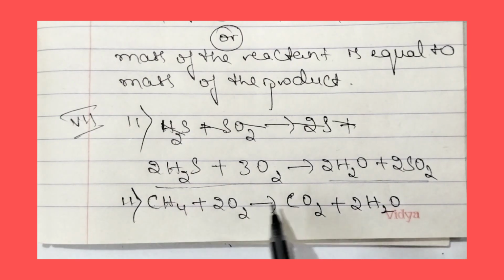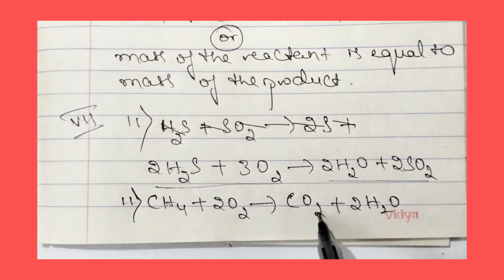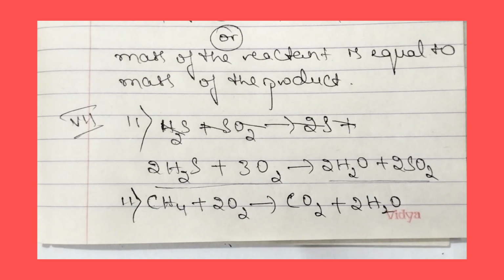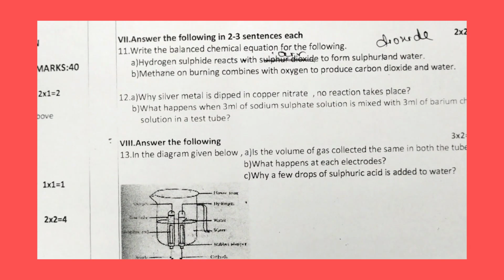So carbon 1; 4 hydrogen, 2 2s are 4 hydrogen; oxygen, here 2 oxygen, here 2 oxygen, total 4 oxygen. So methane on burning with oxygen releases carbon dioxide and forms water. So this is the balanced equation for question number 11. Now let us move to question number 12.